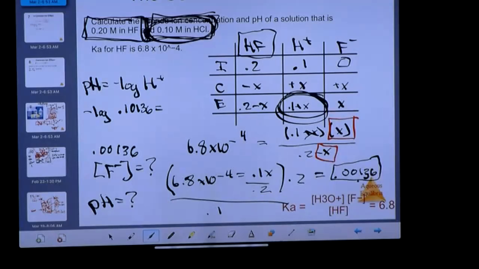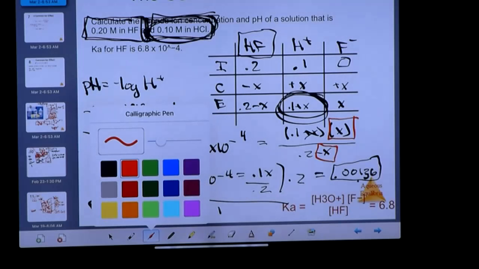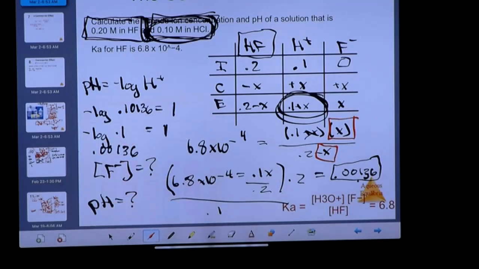And did someone type that in? It's 1. All right. Can someone type in negative log of 0.1? It's 1, right? So this is extra proof that really the x is pretty insignificant, because even when we did add it, it made essentially no difference to the pH, right?